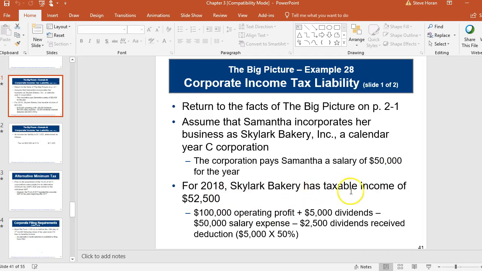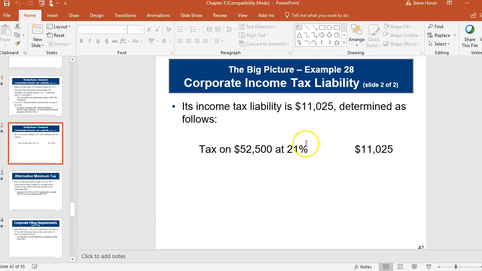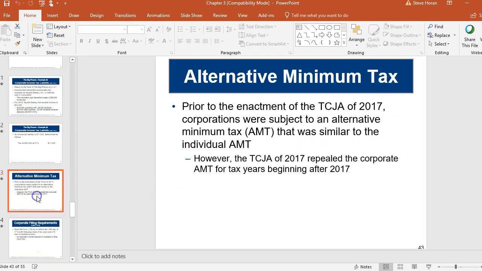For 2018, Skylark Bakery has taxable income of $52,500: $100,000 operating profit plus dividends received, the $50,000 salary expense is subtracted, minus the dividends received exclusion. So the tax liability is $11,025, simply 21% of $52,500.